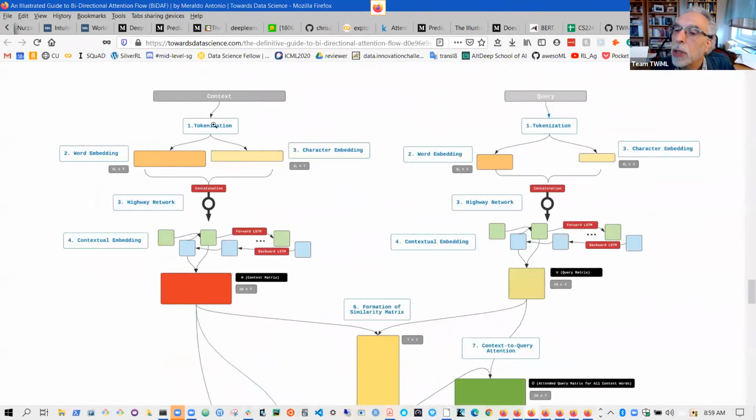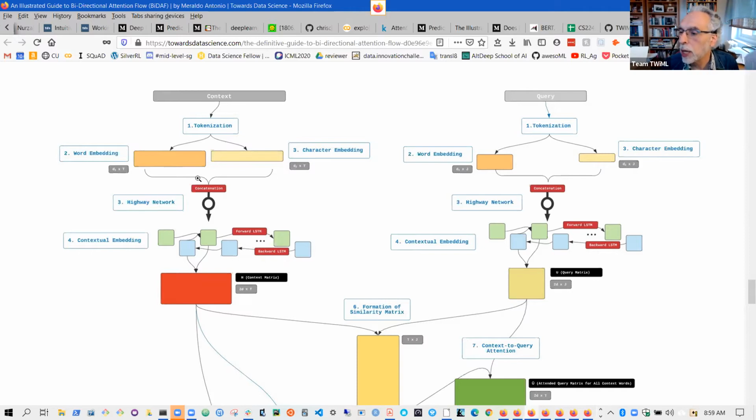Context tokenization, we understand what that is. We're representing the context words at character level and word level, with character embedding and word embedding, and we concatenate them both. That's what Srinivasan reminded us.